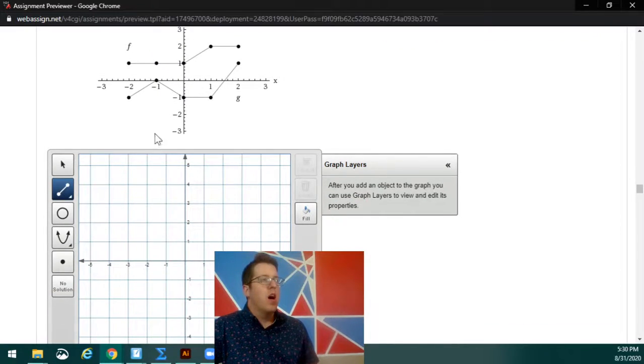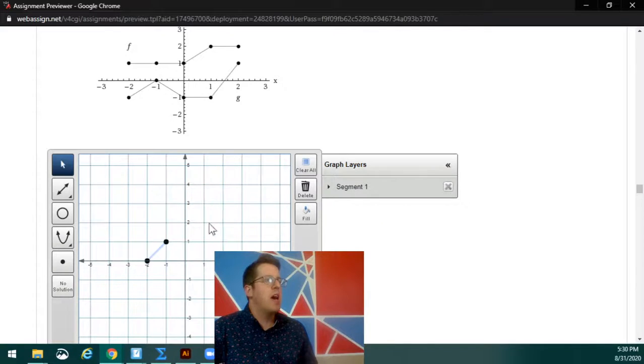So I'm going to go from negative 1, 0, to negative 1, 1. I'm just adding the y values together. Okay. Then I'm going to go back to 0. This time it's 0, 0.